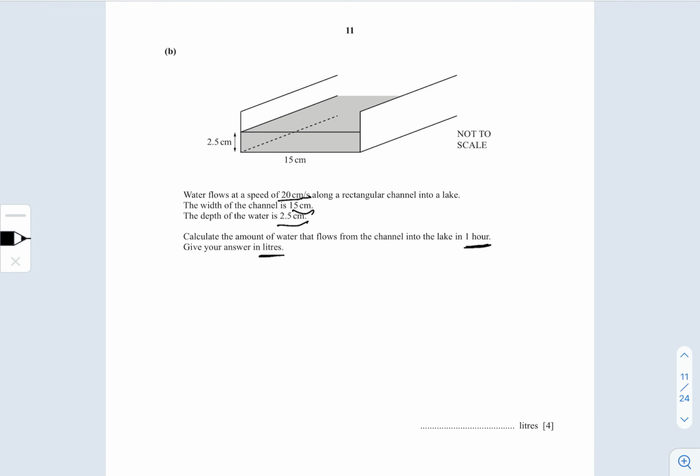We know that 1 cm cubed equals 0.001 liter. Therefore, we need to calculate the total volume in cm cubed and convert that to liters. The water flows at 20 cm per second, and 1 hour equals 60 minutes equals 3,600 seconds.